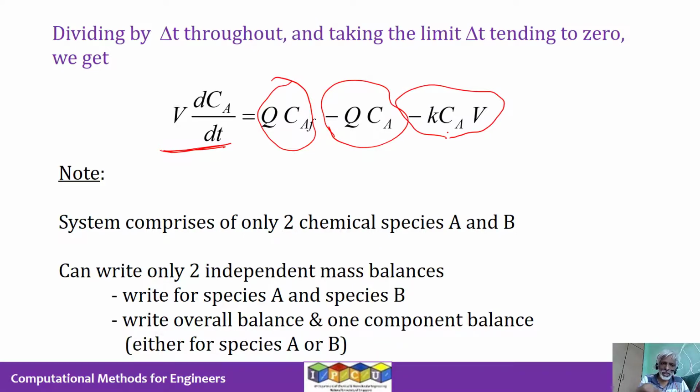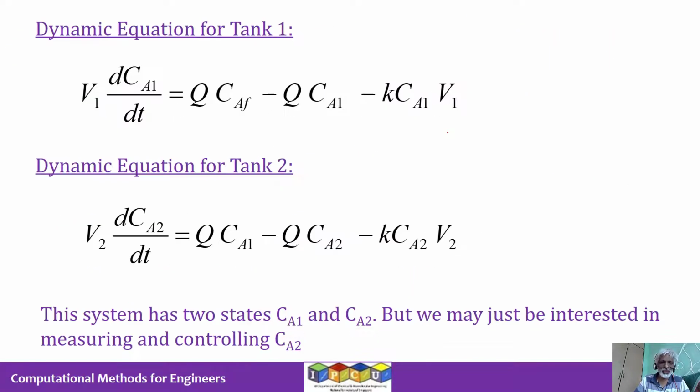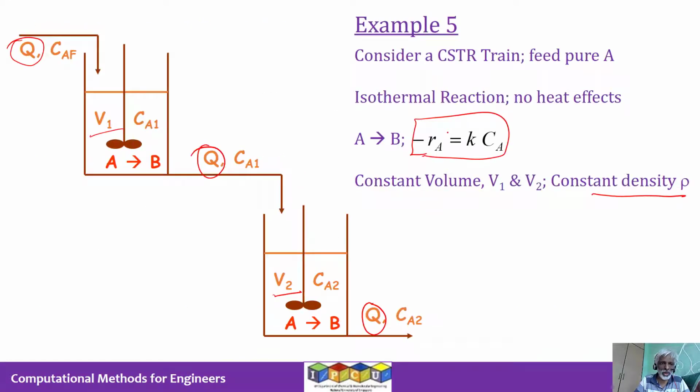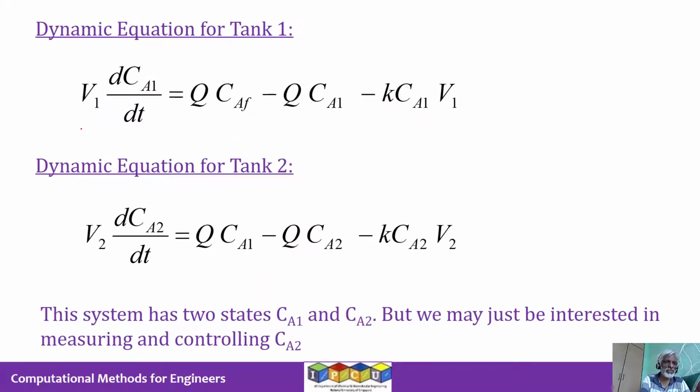If you extend this analogy for tank 1, the symbol for the concentration of A inside the reactor as well as in the exit of the first reactor is CA1. Therefore, the reaction happens under the conditions where the concentration of A is CA1, so this equation should make sense. V1 is the volume of the first reactor, and CA1 is the concentration of species A in it.